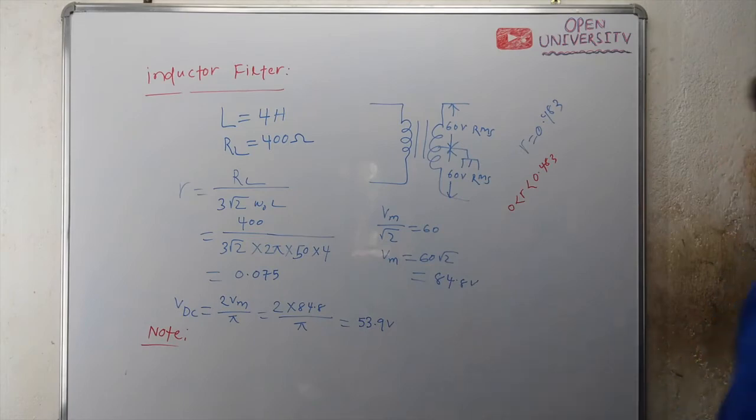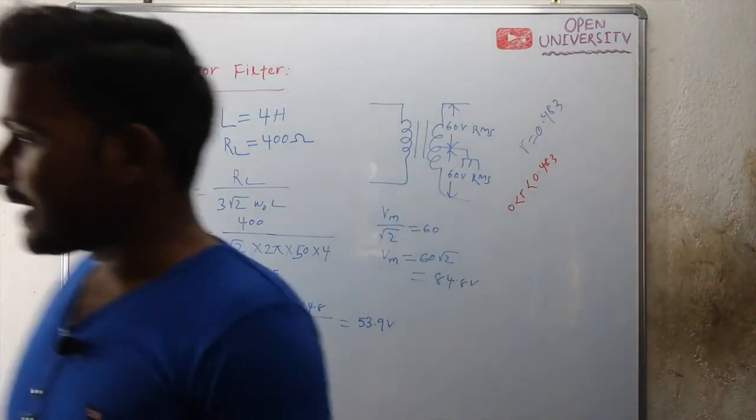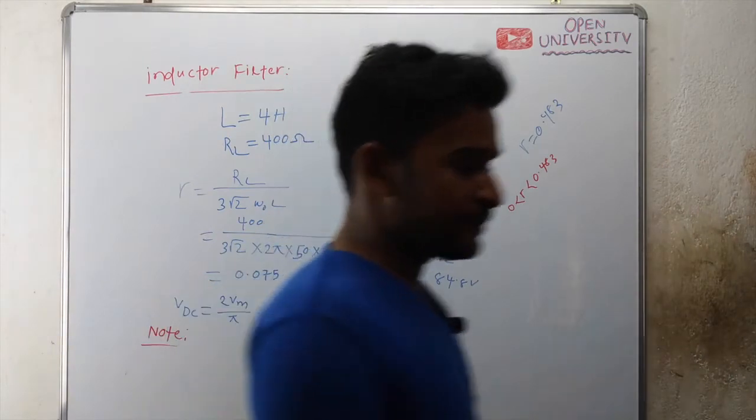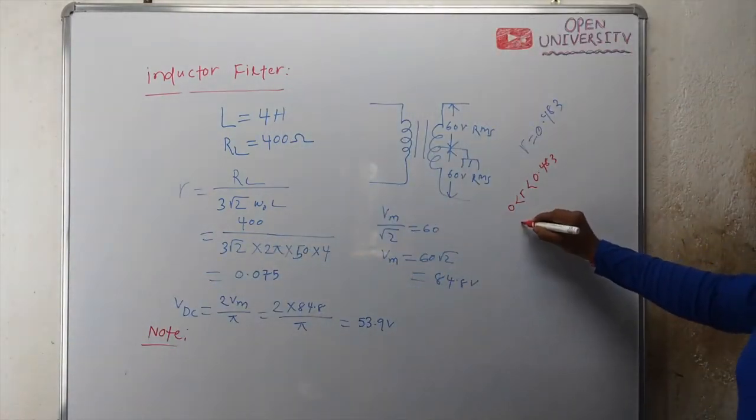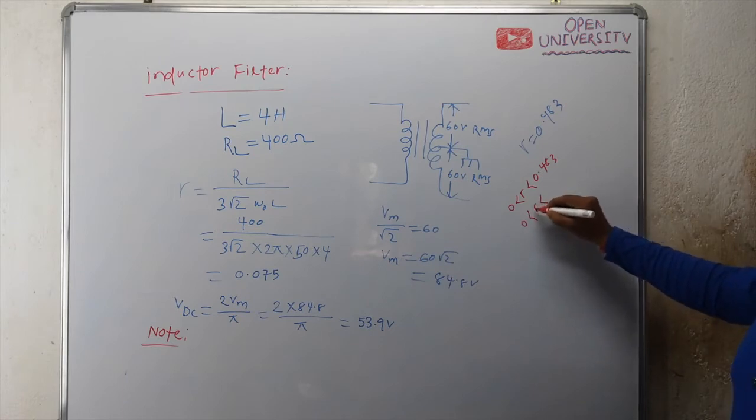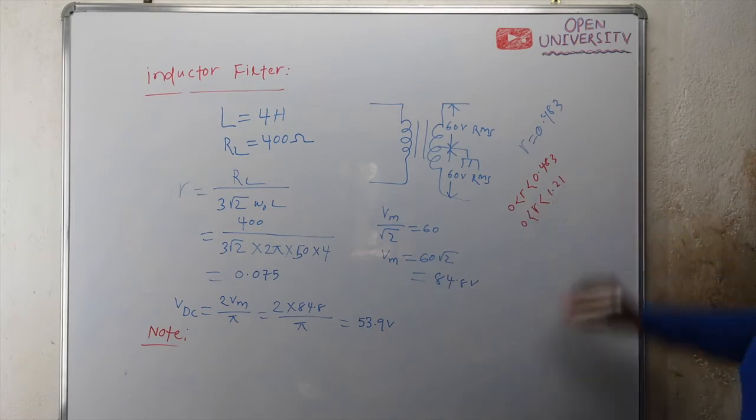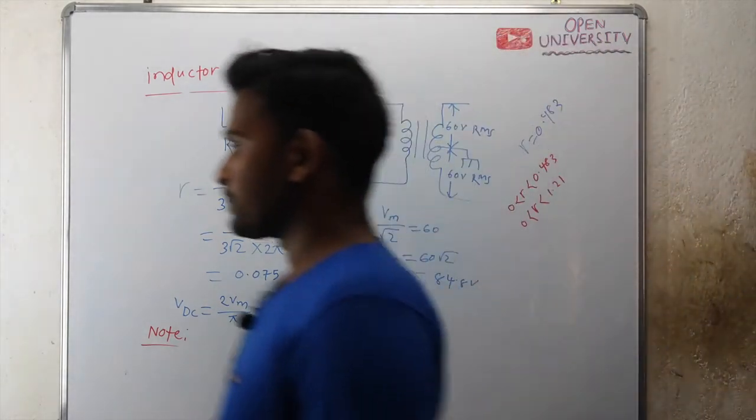And in half wave rectifier, ripple factor lies in the range 0 to 1.21.